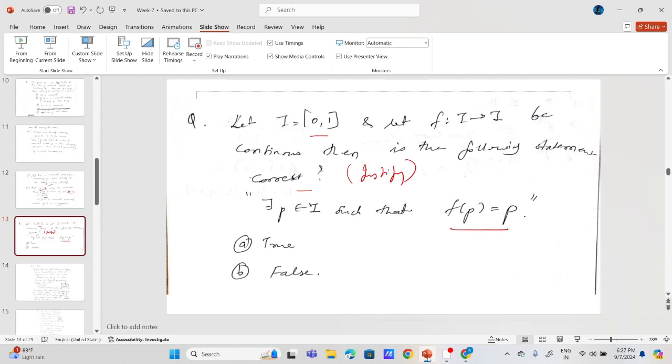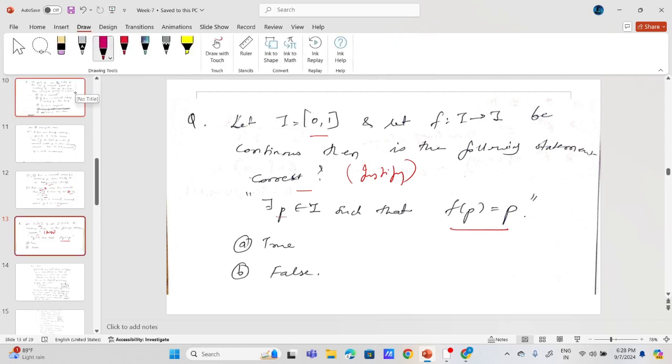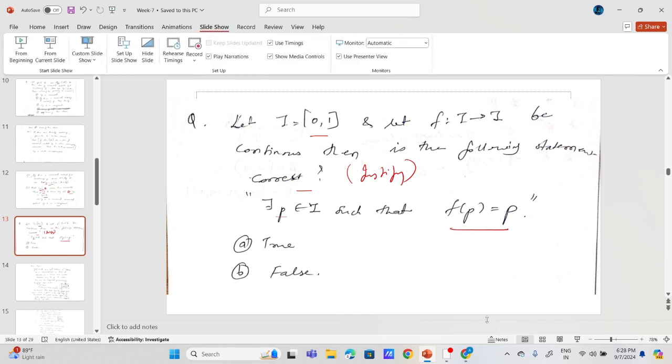Yes, it is not given surjective. It is just given a continuous function. Have you seen such a statement anywhere? We are not saying that for whole I. There exists a p belonging to I such that at that point f of p will be equal to p.